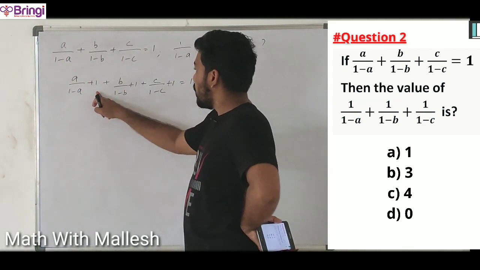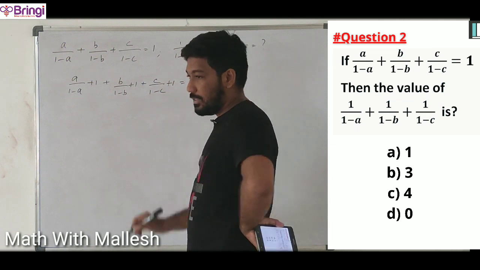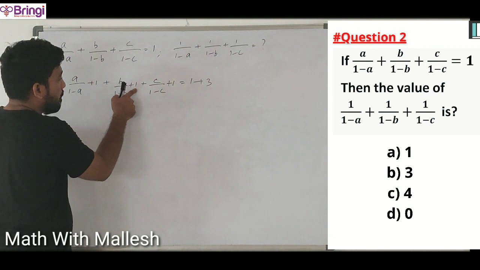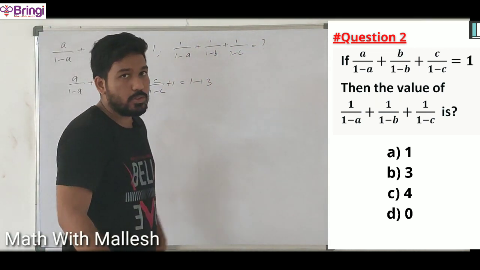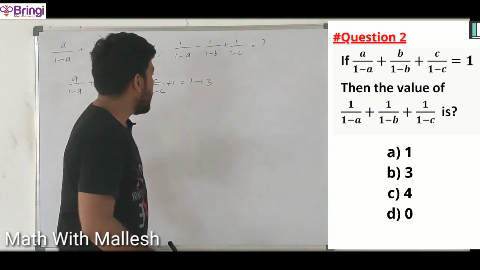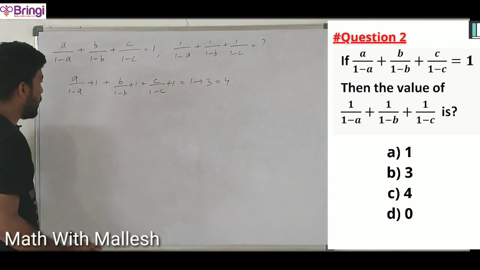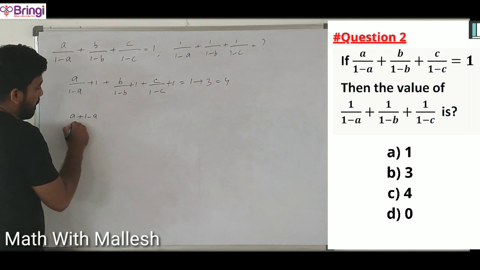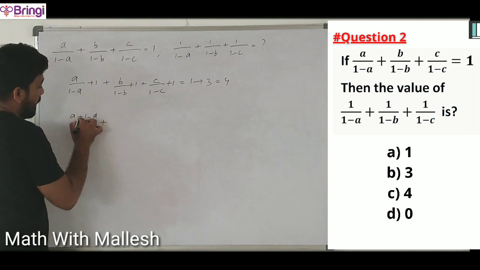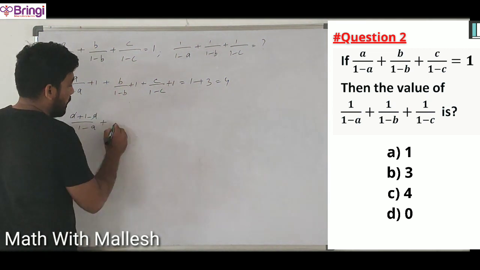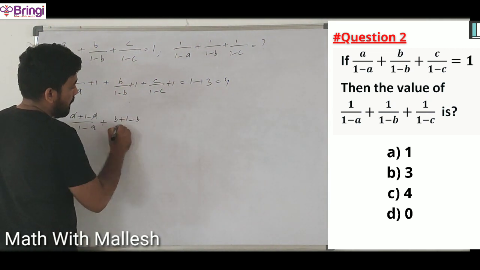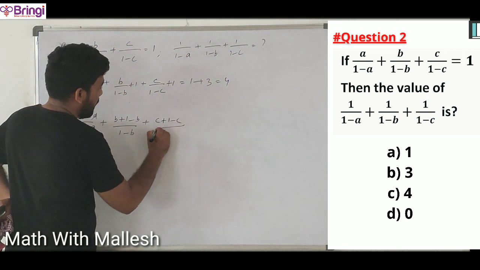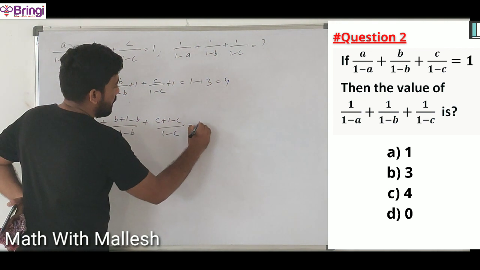So 1 plus 1, 2, 3, in total we added 3. So a by 1 minus a plus 1, b by 1 minus b plus 1, c by 1 minus c plus 1 is equal to 1 plus 3, which is nothing but 4. Now do the cross multiplication. It is going to be a plus 1 minus a by 1 minus a, which gets cancelled, and again 1 plus b minus b by 1 minus b plus c plus 1 minus c upon 1 minus c is equal to 4.